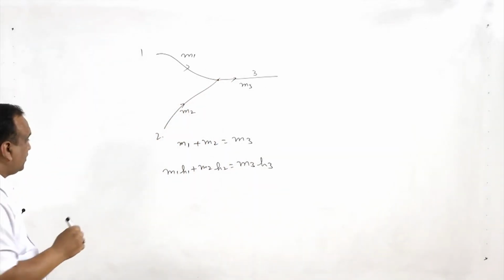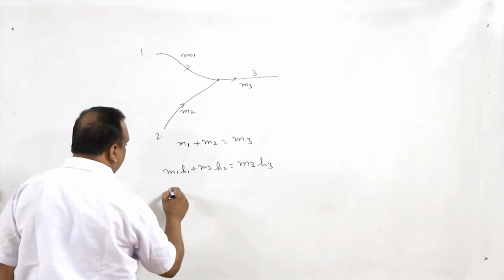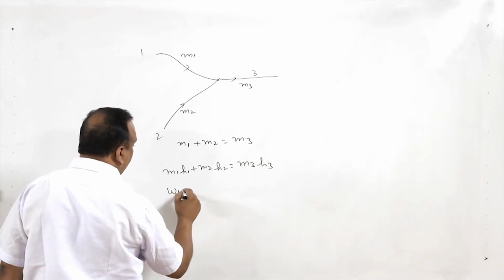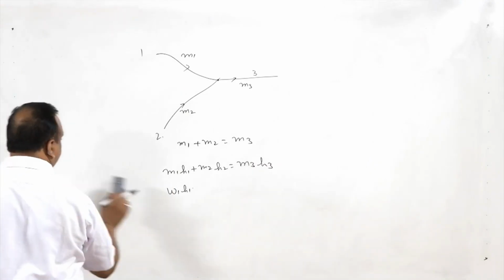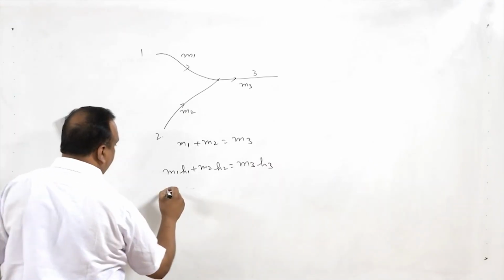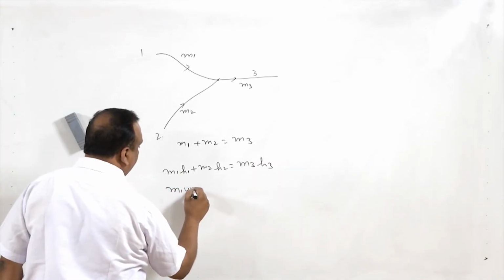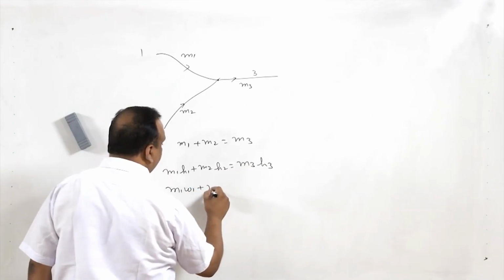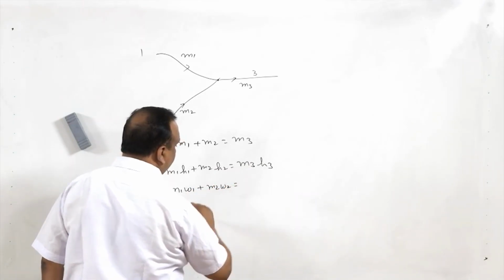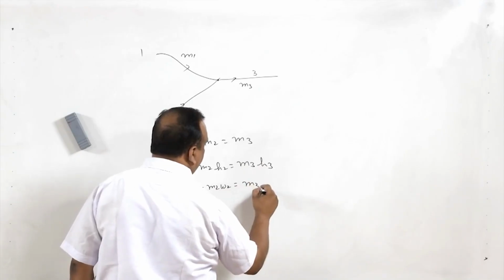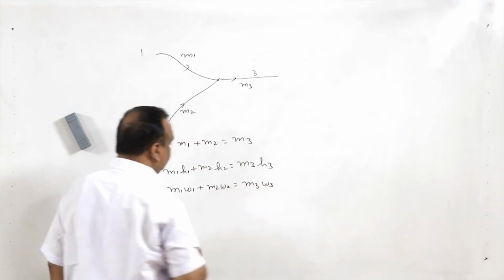One more relation we can draw here, that is M1 W1 plus M2 W2 is equal to M3 W3.